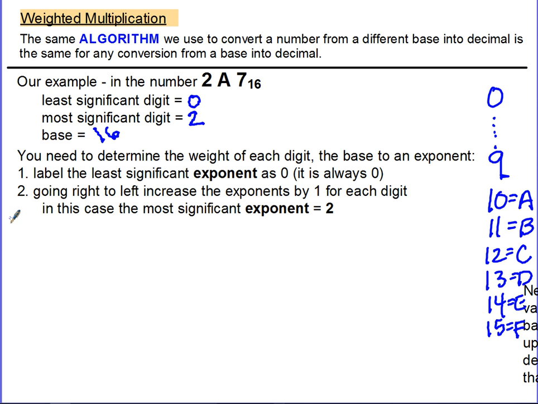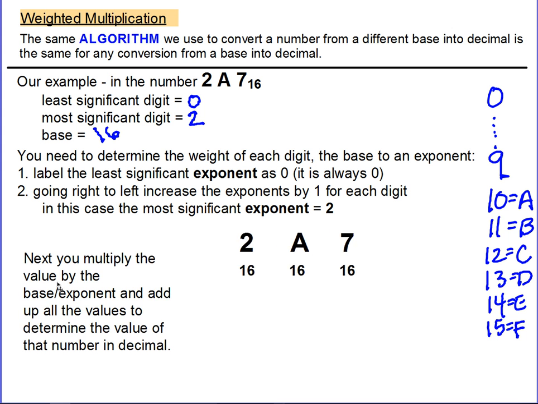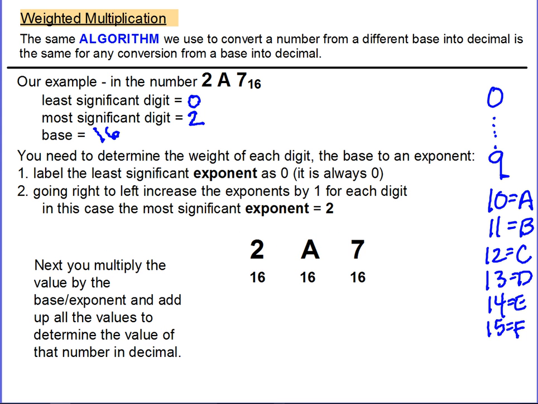My base is 16. I'm going to go through my values with that same algorithm that I've been using. Remember, this starts at my base to the 0 power, my base to the first power, my base to the second power, my base squared.